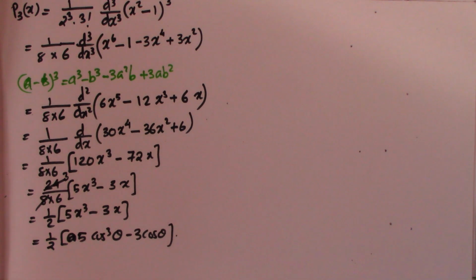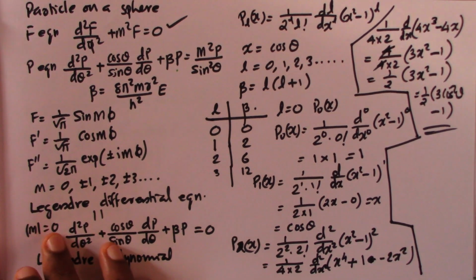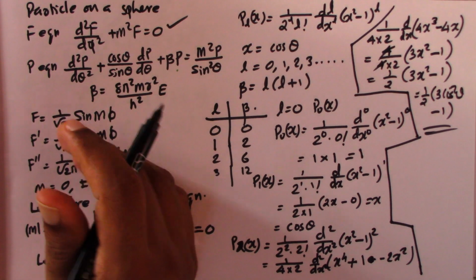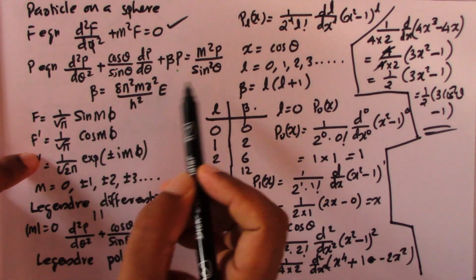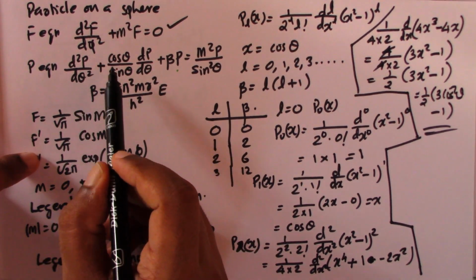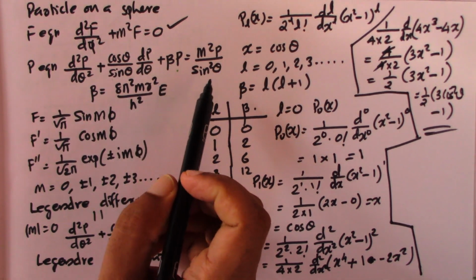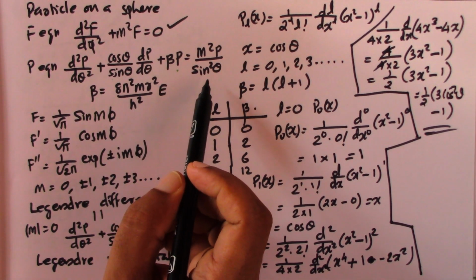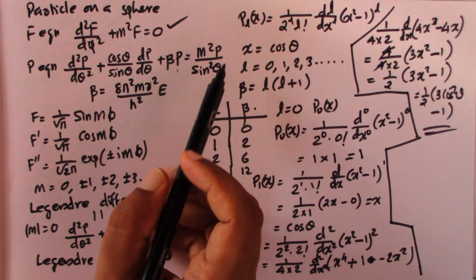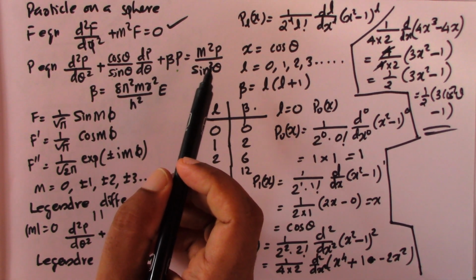If the value of m is not equal to 0, we will have our Legendre differential equation like this one, what we drew in the previous paper. That is the P equation, that is the Legendre differential equation: d square P by d theta square plus cos theta by sin theta dP by d theta plus beta P is equal to m square P by sin square theta, where m square has a non-zero value.